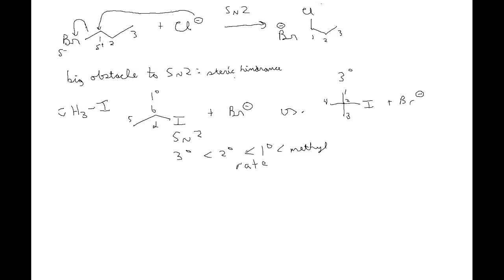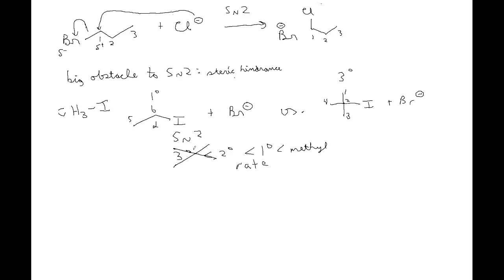Okay, so here are these ideas. Now, in fact, it turns out that tertiary alpha carbons have so much steric hindrance that they can't really do SN2 at all. SN2 is basically impossible for a tertiary. So you can really only do SN2 for a primary or a secondary or a methyl. That's something that has to be memorized.